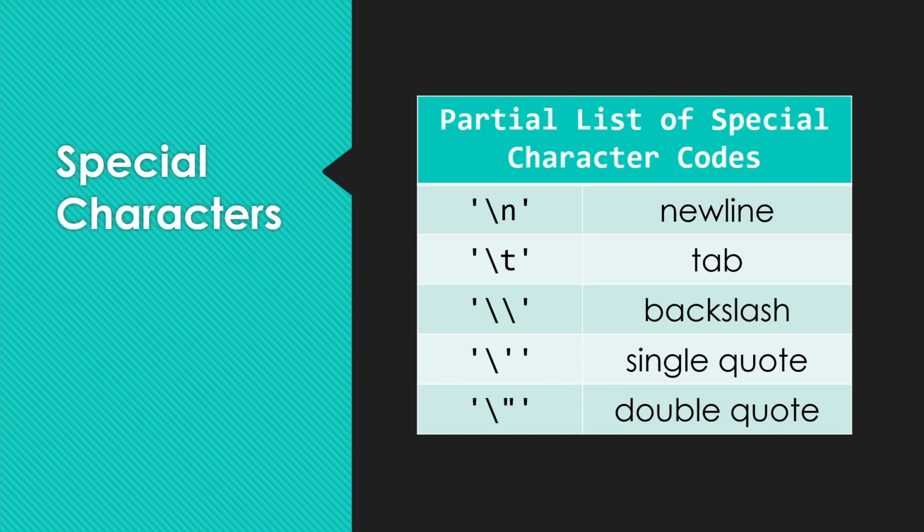The \n represents the new line, so that character that tells us we're going to the next line. \t is a tab character. \\, since we're using the backslash to make these special character codes, we do have to have one for the backslash character because sometimes we need it. \' is if you want to have a single quote and you're already inside single quotes, that lets you represent a single quote. And similarly for the double quote.